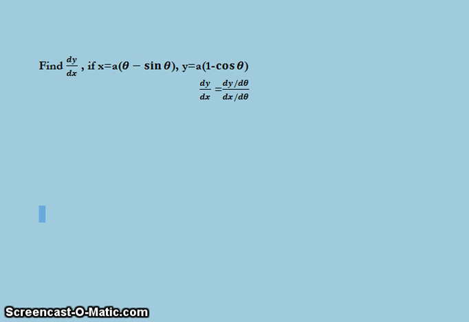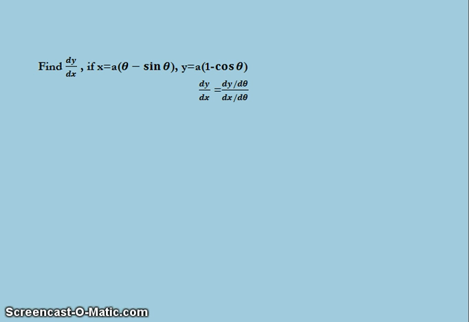Now, as we have discussed earlier, in case of a parametric function dy by dx is equal to dy by d theta divided by dx by d theta. Thus, in order to find the value of dy by dx, we need to evaluate the values of dy by d theta and dx by d theta.